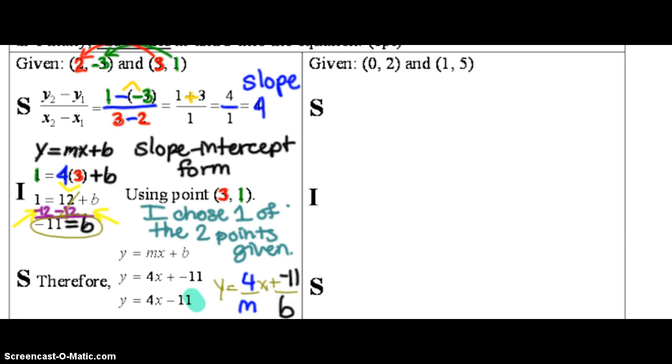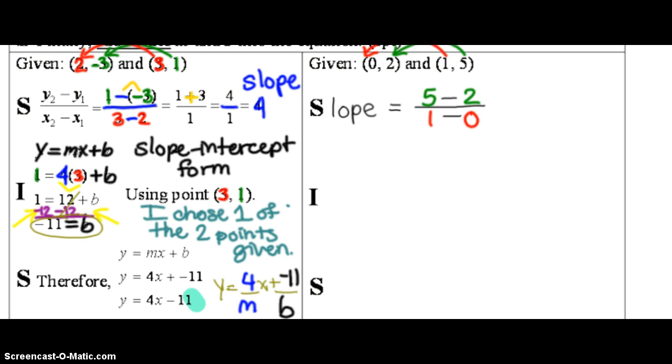So let's try another example. Given two different points. What's that first step again? Oh yes, the slope. Difference of the y's and difference of the x's. Rise over run. Remember us drawing in chapter 4 our right triangles? Counting how many up and how many over for the rise and the run?